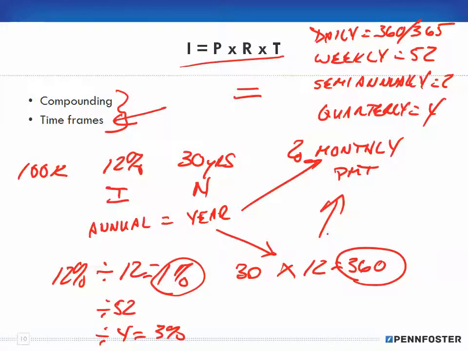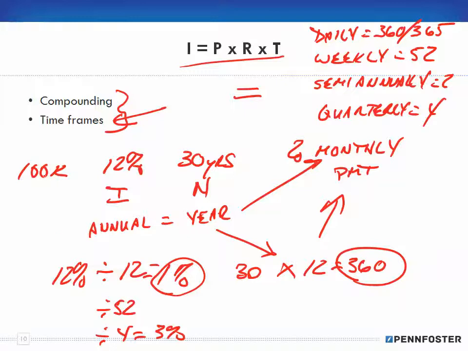It's not to say that we have to do it that way. Yes, you can do the calculations using 12% interest and 30 years, but you're going to have a little bit more difficult time, because you're going to have to make some kind of conversion in order to get it into a monthly time frame.